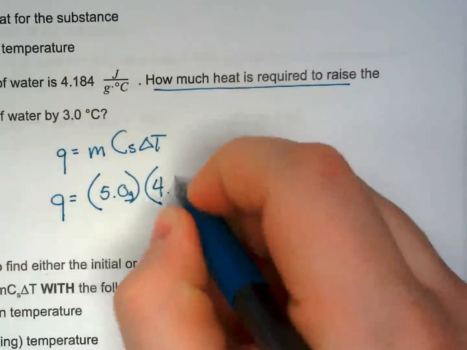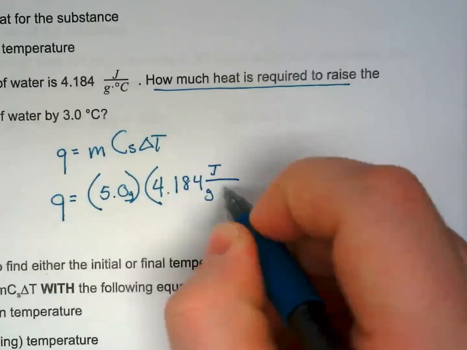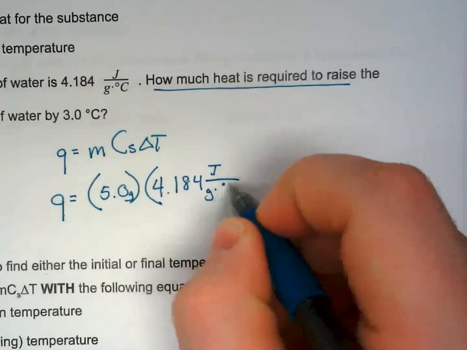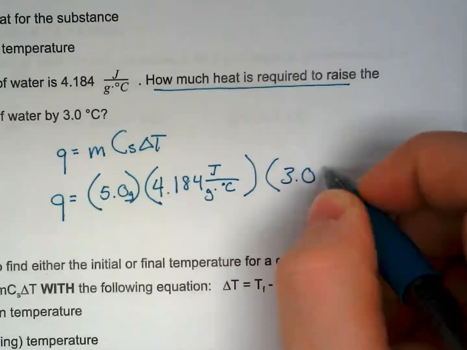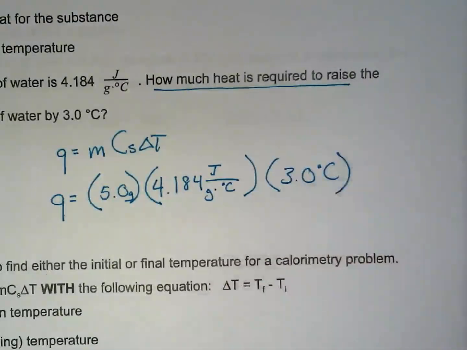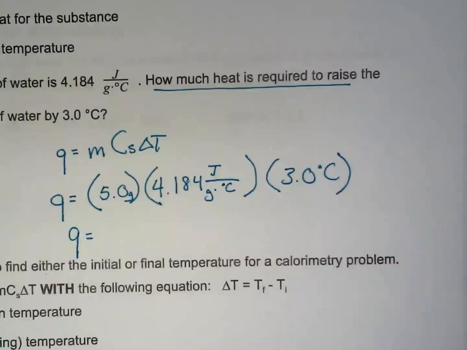So then it's 4.184 joules divided by 1 gram by 1 degree Celsius times the change in temperature, which is positive 3 degrees.